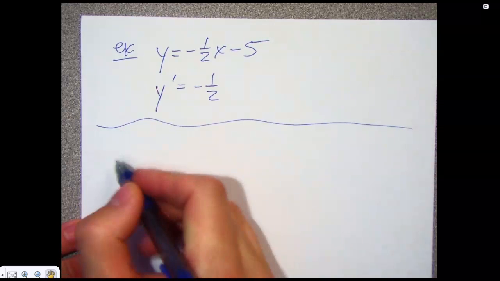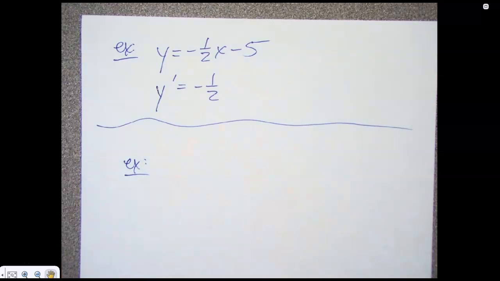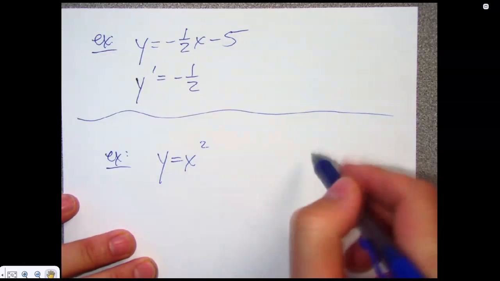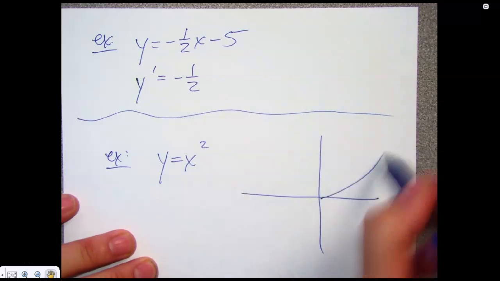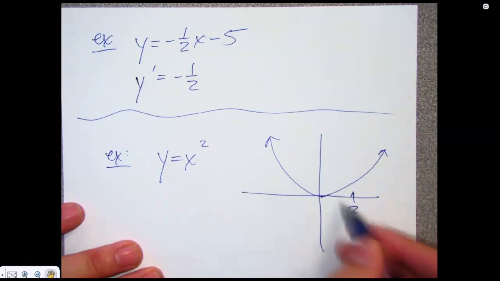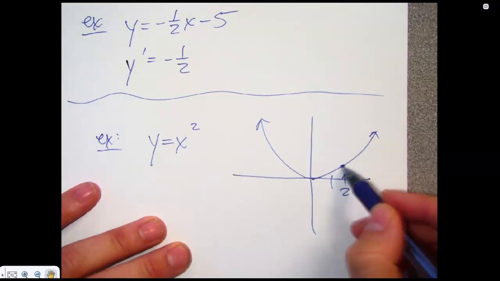Okay, so let's do the rule that you were talking about. So the rule, then you get into powers. If it's a power, like if I have y equals x squared, is the slope the same the whole time? No. The slope depends on the x value. If I'm at x equals 2, is my instantaneous slope positive or negative?